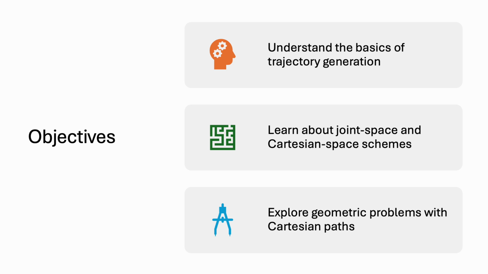Another key objective is to ensure the safety and reliability of robotic operations in reality. Trajectory generation takes into account the physical limitations of the robot, such as joint limits and maximum velocities as mentioned earlier, to prevent mechanical failures or accidents.